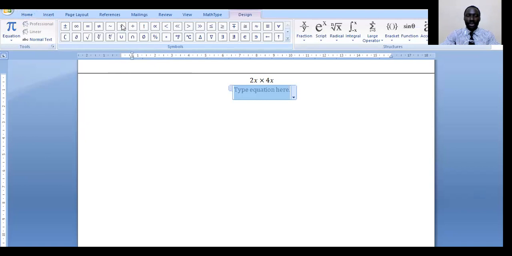For example, you would have things like this: 2x in its own bracket and the 4x in its separate bracket. So you would have 2x here, and 4x there. Now, when you multiply these two with the bracket, it would still be the same thing as multiplying without a bracket.